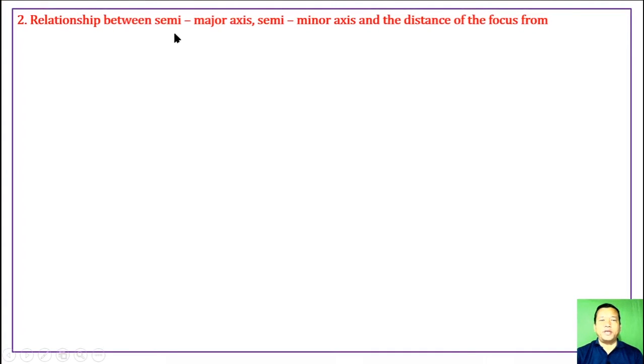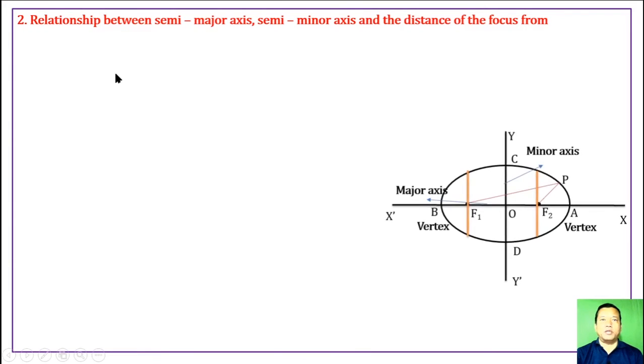Relationship between semi-major axis, semi-minor axis and the distance of the focus from the center of the ellipse. The semi-major axis is the distance from the center O to a vertex, small a.